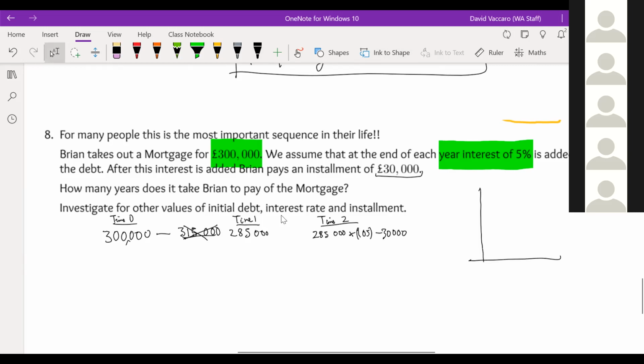Okay, so Brian's debt is going down each year, but what else is happening to the amount that Brian pays off? So in the first year, the debt has gone down by 15,000. In the second year, does the debt go down by 15,000 again, more than 15,000, or less than 15,000?